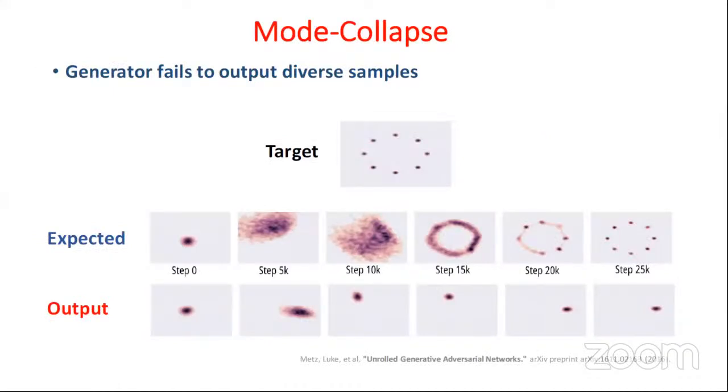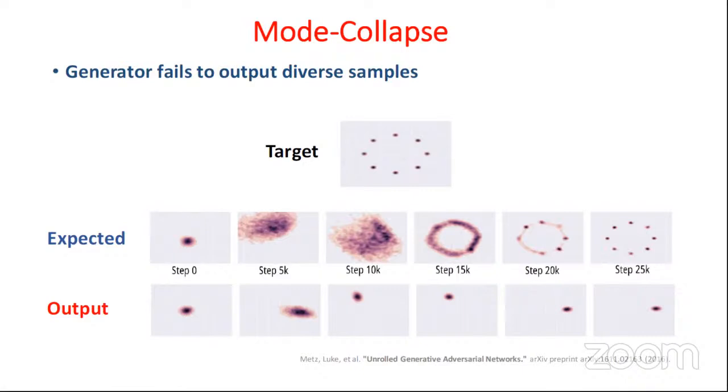The generator may fail to output diverse samples. If the target is like this, the expected outcome is like this: generate the distribution same as the target. But the final output could be like this. So this says mode collapse, if this is from the probability density viewpoint.